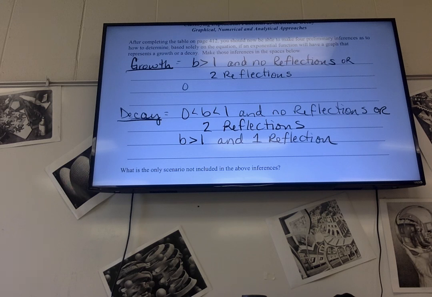And if I had B was between 0 and 1 and just 1 reflection, it would be growth. I don't memorize those. I kind of do a little sketch and think of growth would look like this, and if I flipped it, it would look like this. But you can do it however you want to.